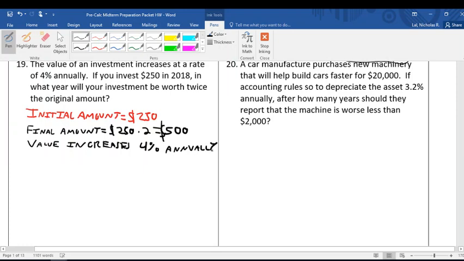So this looks like an exponential growth problem. The exponential growth equation is y equals a times b to the x. Here, when we're doing the value of an investment, y stands for our final amount, our final value.